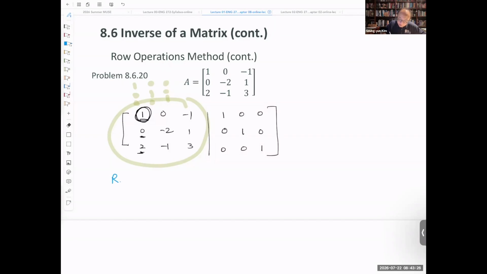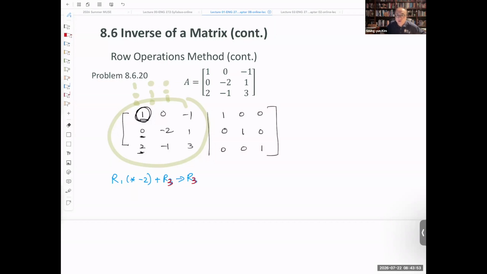So what I'm going to do is R1 times negative 2, and then plus R3, put it back in R3. Again, in this Gauss-Jordan elimination method, these two row numbers should be matched up. That's important. You cannot just mix it up with any other rows. You add to R3, then you put that into R3.